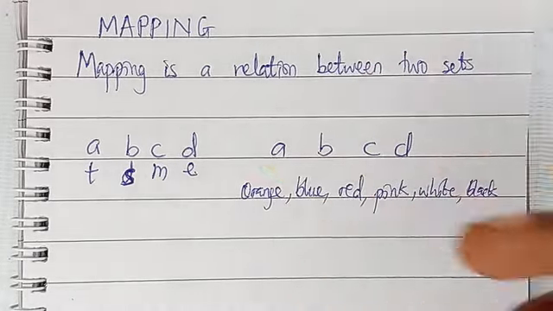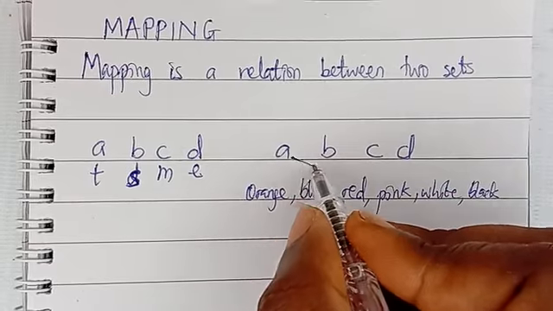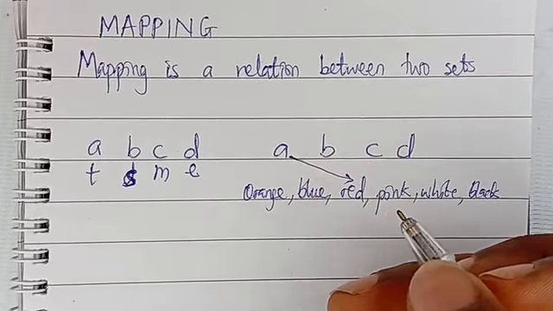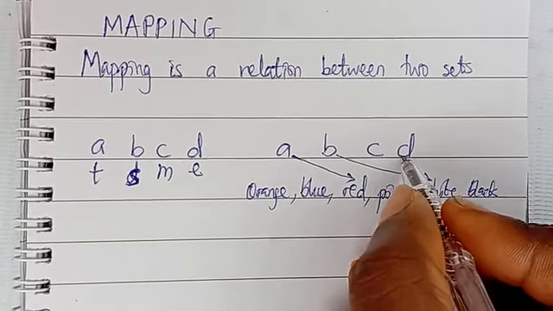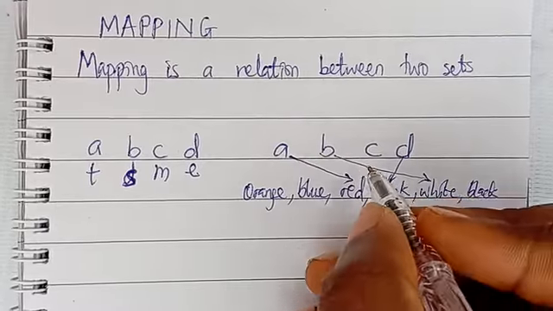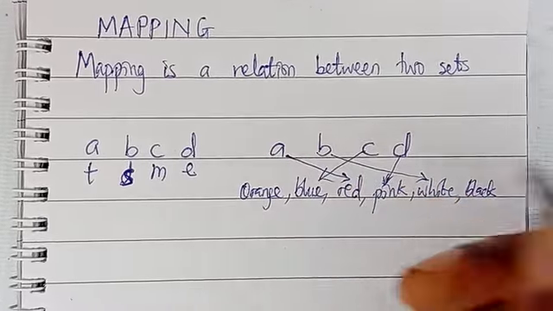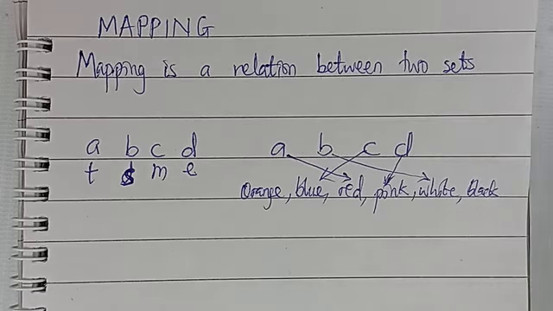So they've been asked to select. Let's say A prefers red, B picked out white, D picked out pink, and C picked out blue. And then they left out the black and the orange.